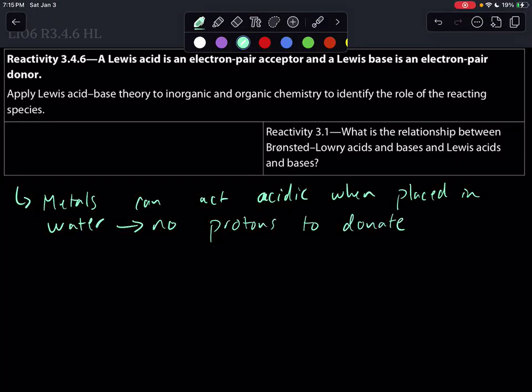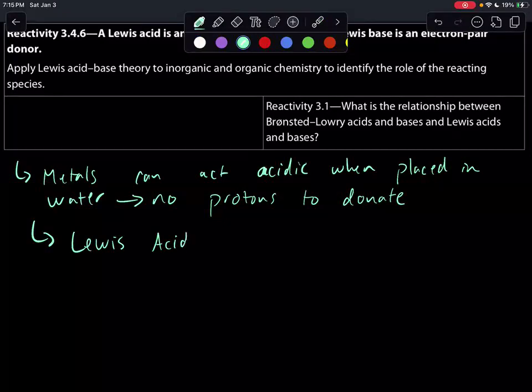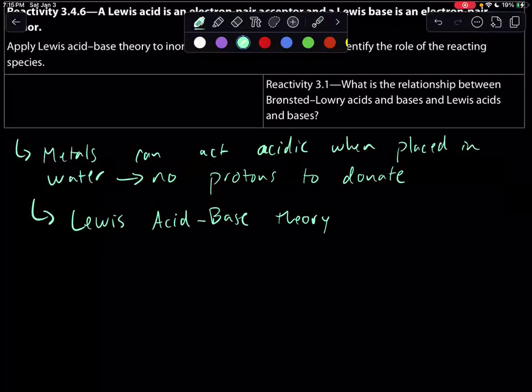And this kind of contradicts our idea of acids and bases when looking at the Bronsted-Lowry acid-base theory. And so what we have to do is start looking at the Lewis acid-base theory. And we can use this theory to explain all acids and bases, including Bronsted-Lowry acids and bases.